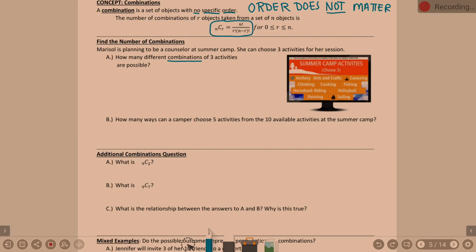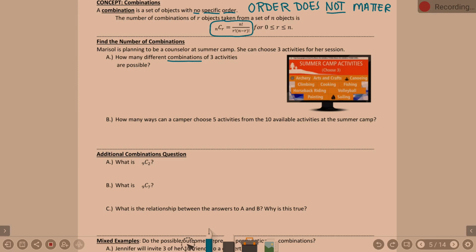Here's the thing. As you look at the summer camp activities, does it matter the order you pick them in? No. Now, if we were talking about the order that she completes the activities, that's a different story. But in just picking 3 activities for her to do, order's not going to matter. So that's why this is a combination.